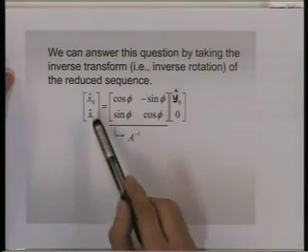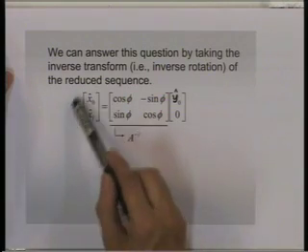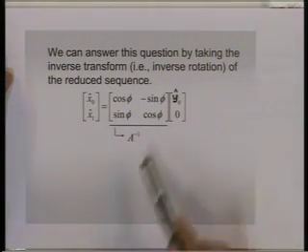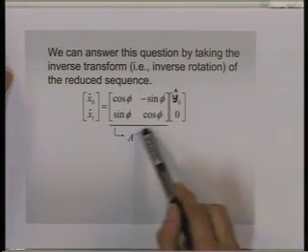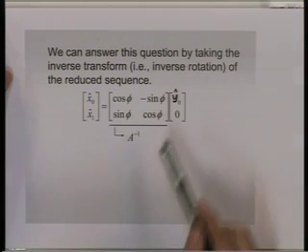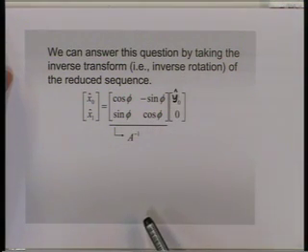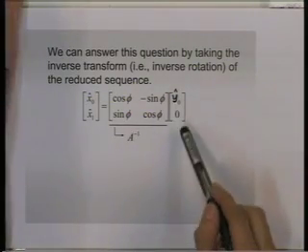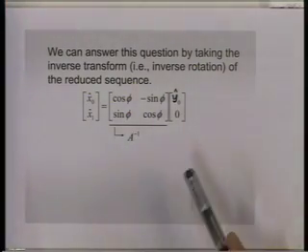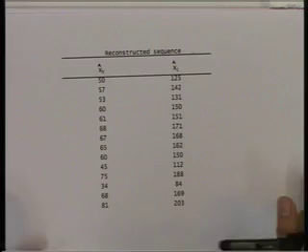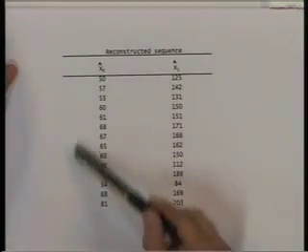So, x0 cap and x1 cap denote the reconstructed sequence, or the approximated original sequence, which is obtained by inverse operating on y0 cap and 0, because y1 cap has been reduced to 0. If we do this, the approximated original sequence, or reconstructed sequence, is shown here.